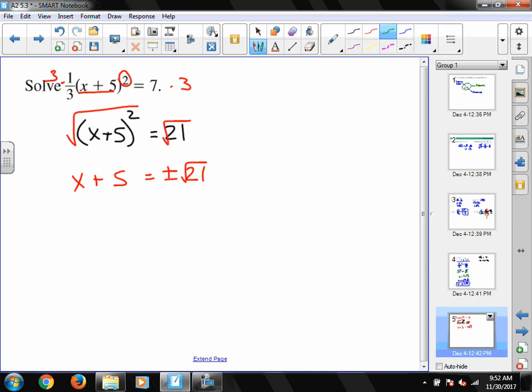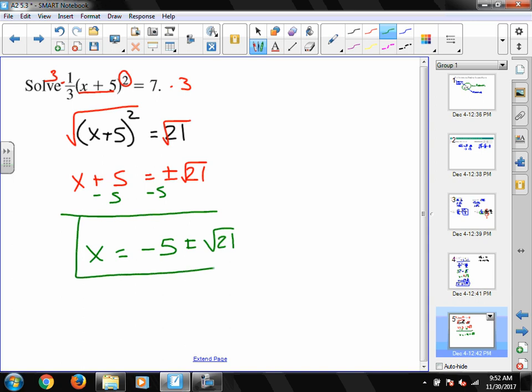Now you can move your 5, subtract 5, subtract 5. And square root 21 does not come out to be a nice number. So you're going to plug it into your calculator, get a nice decimal, but it's going to just keep going forever and ever. So just leave it as a square root of 21, and you're going to have x is equal to negative 5 plus or minus the square root of 21.